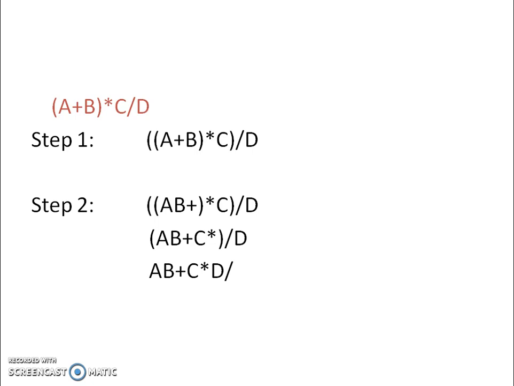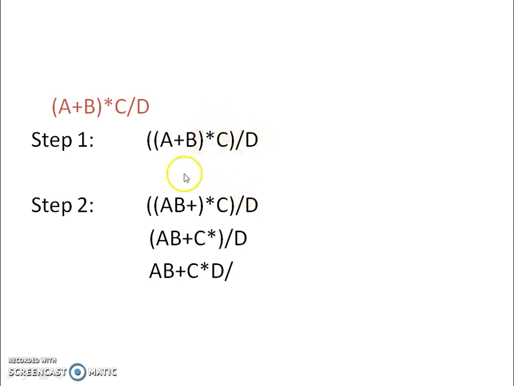But multiplication operator and division operator, they both have the same priority, but multiplication operator is coming first when we are scanning from the left hand side. That is why a plus b into c is enclosed in a round bracket again. Now if you want, you can enclose the entire expression in a round bracket again. But as there is only one operand left, no need to do that.